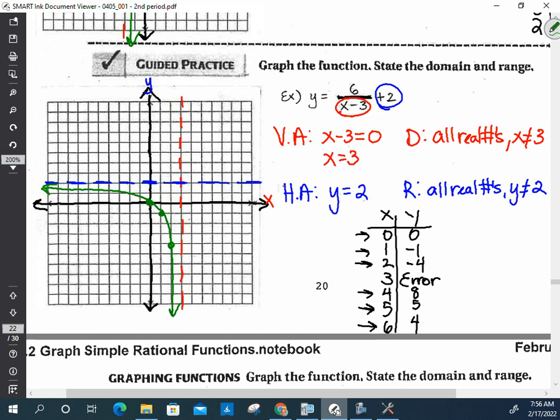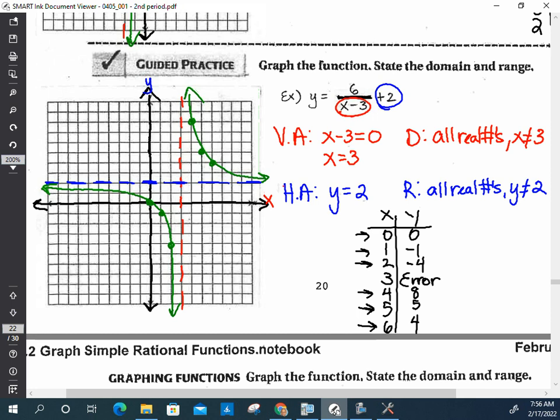Then there's your other 3 points. That's it. Problem's over.